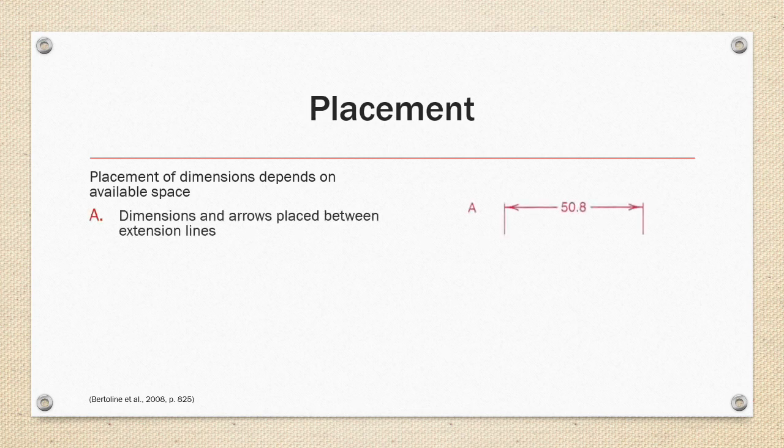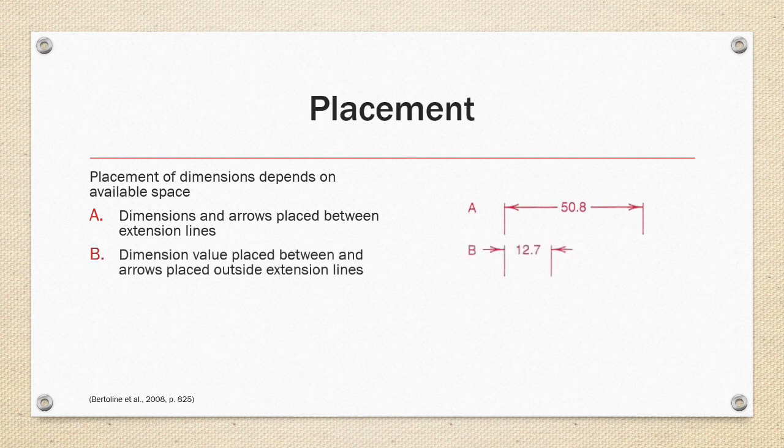If dimensions and arrows will fit, they should both go between the extension lines, as shown in example A on the right. If there is room for the dimension, but not arrows, place the dimension between the extension lines and the arrows outside the extension lines, as in item B on the right.